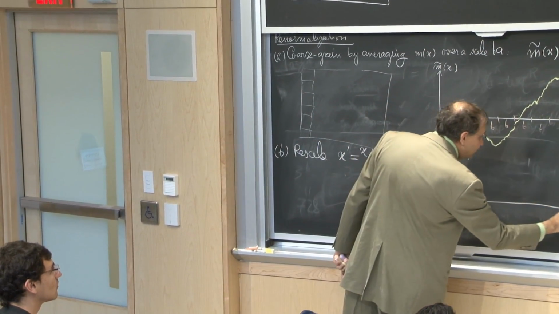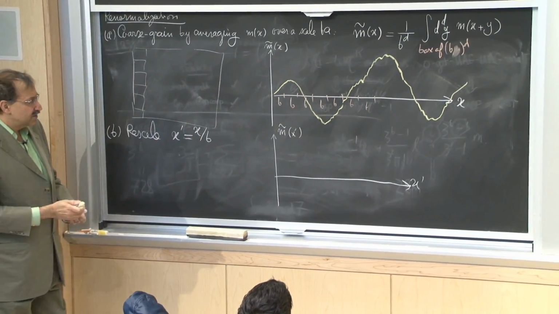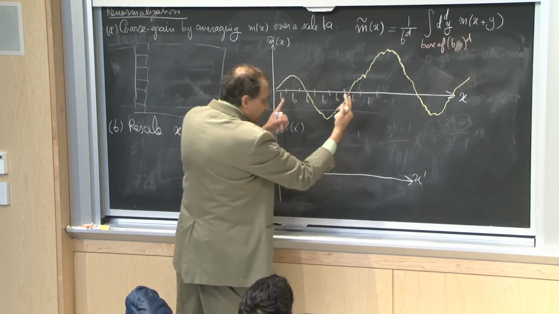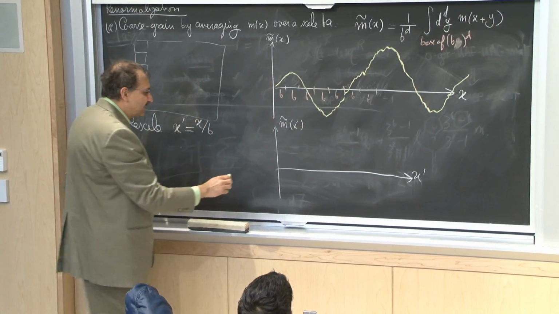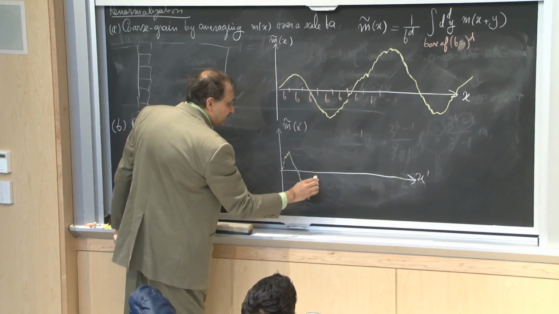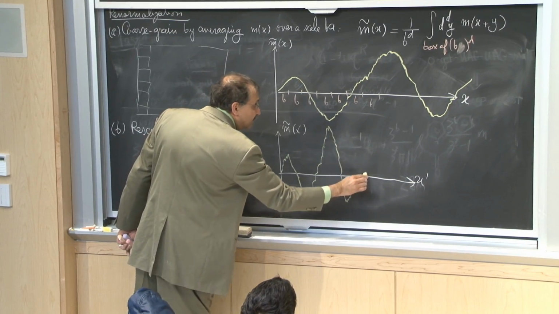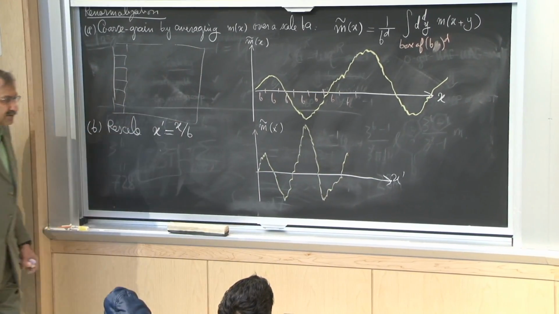X prime would go in further less because all I do is I take this and squeeze it by a factor of b. So I will get a picture that maybe looks something like this. Okay?